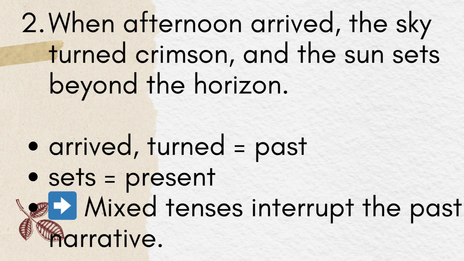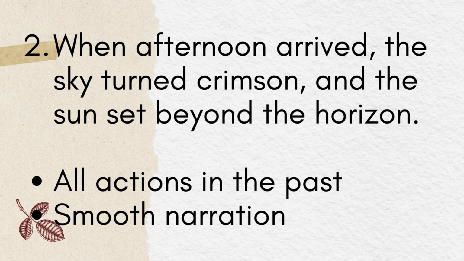So how to correct that? Arrived and turned are in past, but the verb sets is in present. Mixed tenses interrupt the past narrative. Of course, just simply change it to past.